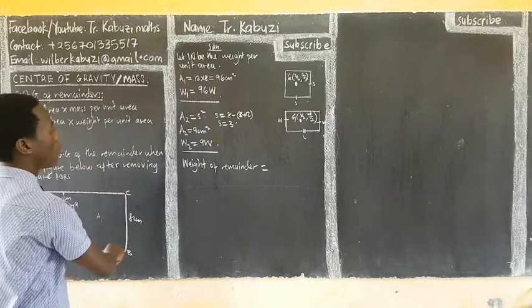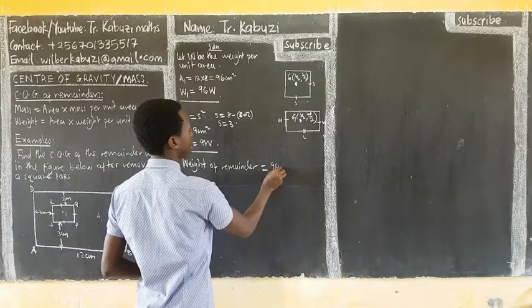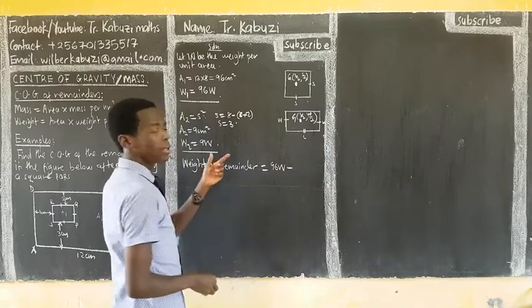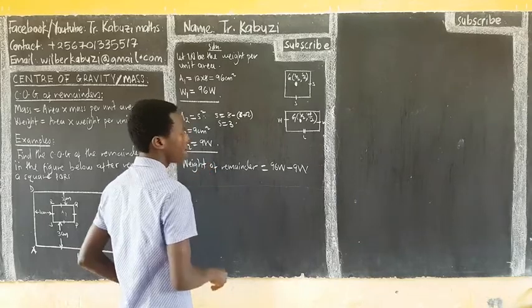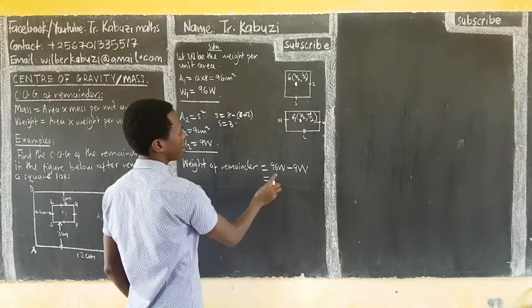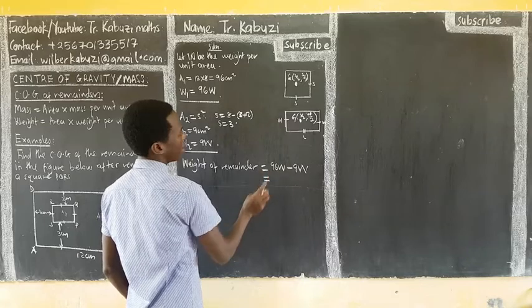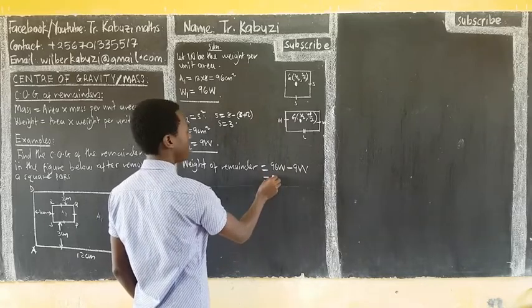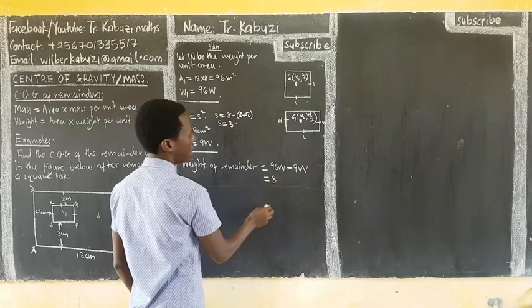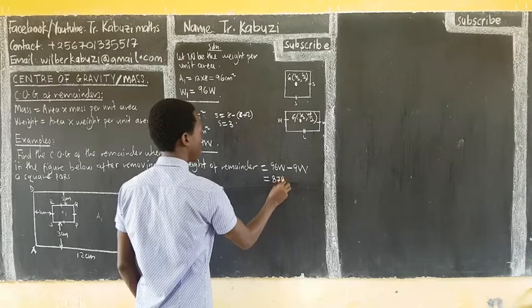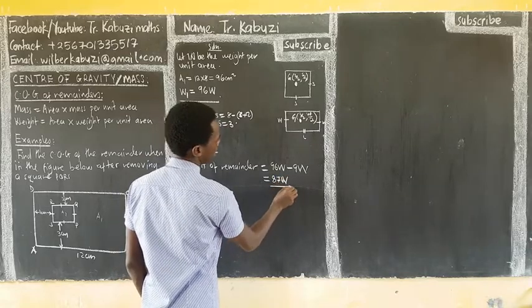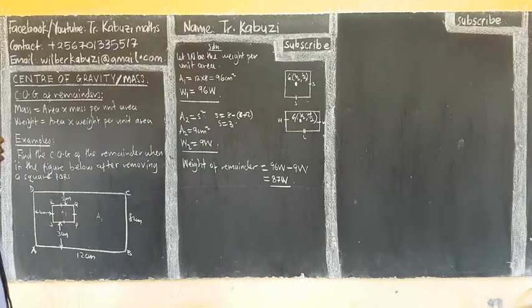You get the weight of the whole, which is 96W, then minus the weight of the part which is cut, 9W. This is going to give us 87W. As simple as that. So that is the case we are having there. Now the weight of the remainder is there.